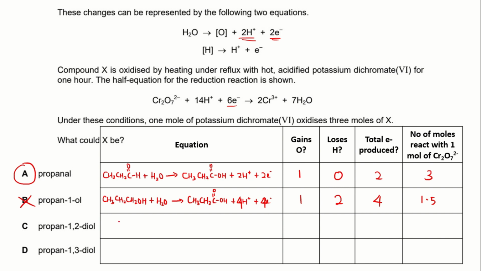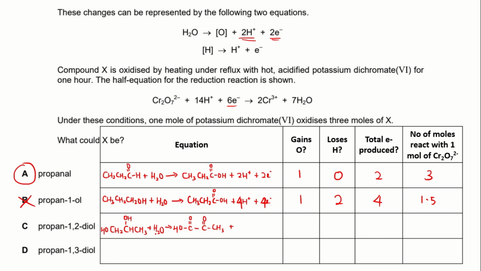The next compound is propan-1,2-diol. One oxygen atom is gained from one water molecule. 4 hydrogen atoms are lost, 2 from here, 1 from here, and another one from here.